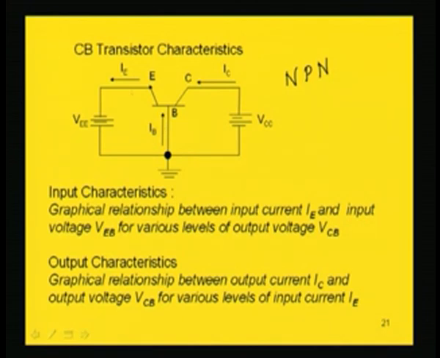Now, forward biasing of this base emitter region means E is at a lower potential than B. This is N, this is P, this is N. So, we will be plotting IE versus VBE, the base emitter voltage, because base is at a higher potential than emitter.